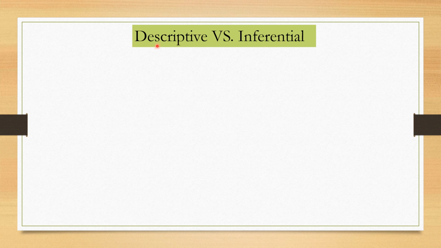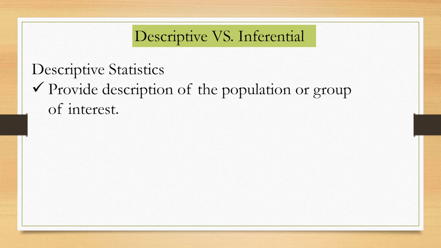Now, we have descriptive statistics and inferential statistics. When we say descriptive statistics, from the word itself, descriptive, it provides a description of the population or group of interest.